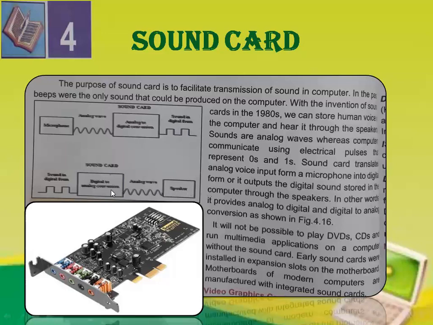So you can say the sound card converts digital signals into analog and analog signals into digital. It takes signals from the human and from the microphone and converts them into digital form, and then it takes signals from the digital computer and converts them into an analog wave and passes them to the speaker.